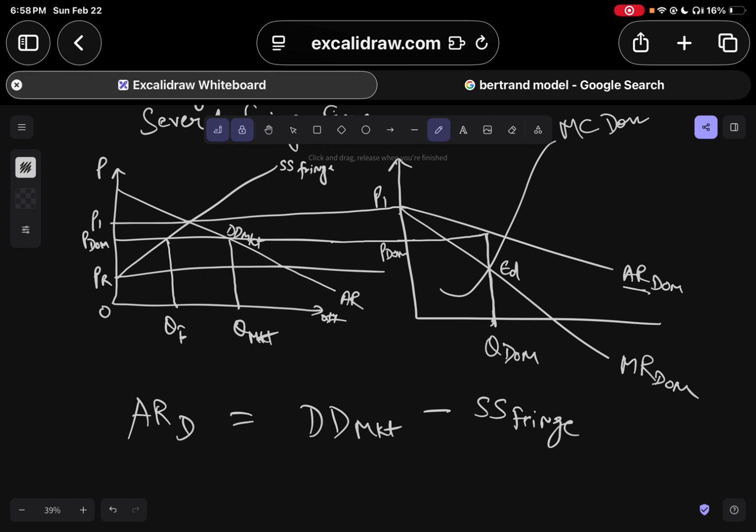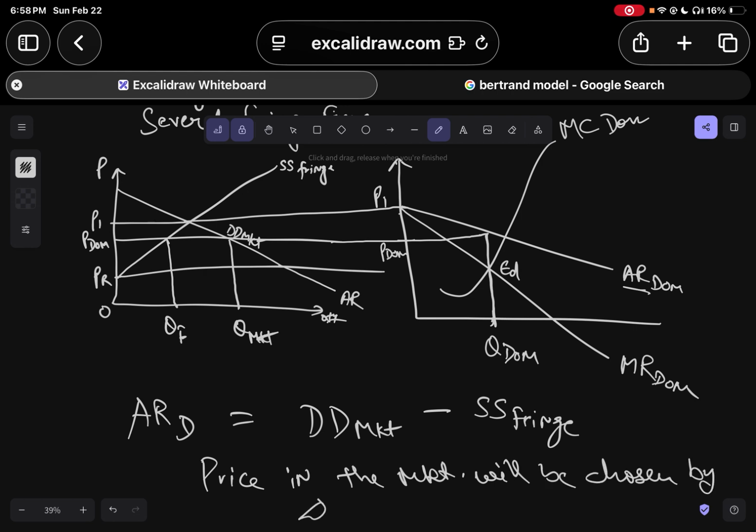Price in the market will be chosen by the dominant firm. One can take the example of Amul in this case.